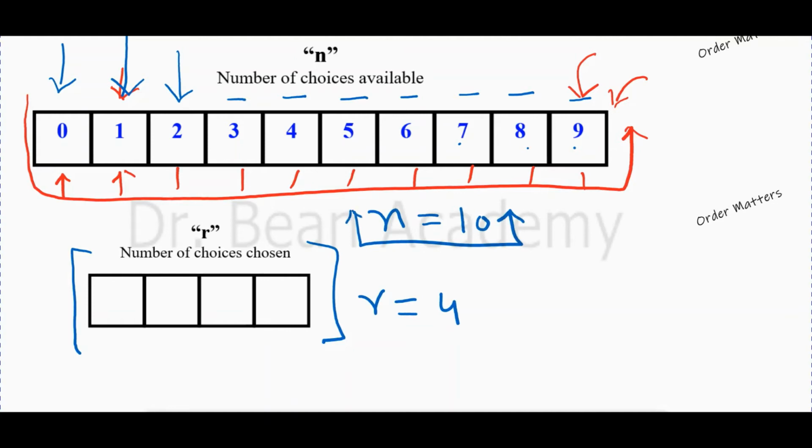Once again, don't get confused with the number 9 here and don't say that n is equal to 9. No, this is the digit 9, a choice available to you. So always count the boxes. 1, 2, 3, 4, 5, 6, 7, 8, 9 and 10. So the total number of distinct digits available to you is 10. n is 10 and r is 4.